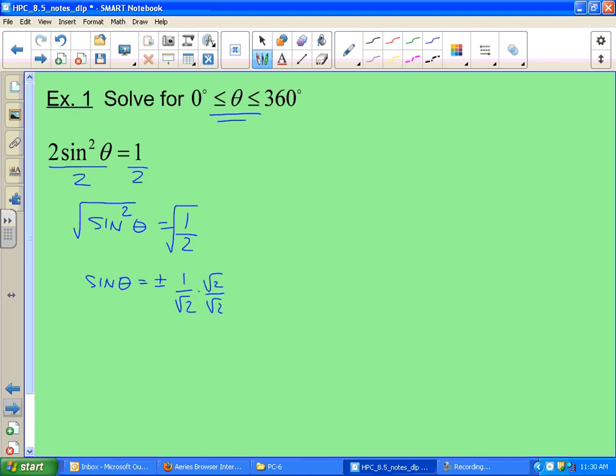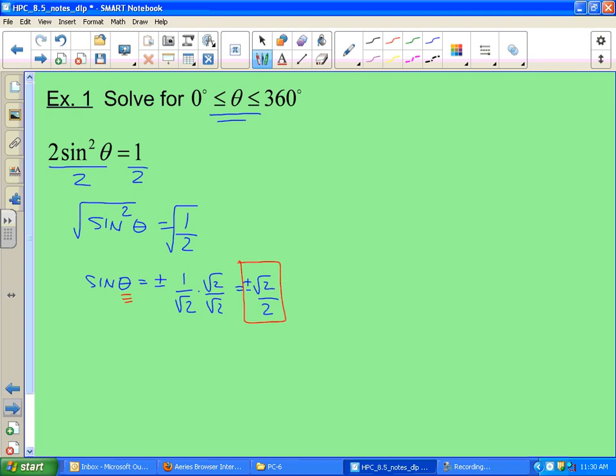So hopefully we're getting to the point where I actually don't need to show this rationalization. You can automatically just go ahead and remember that it's going to simplify to just plus or minus root 2 over 2.